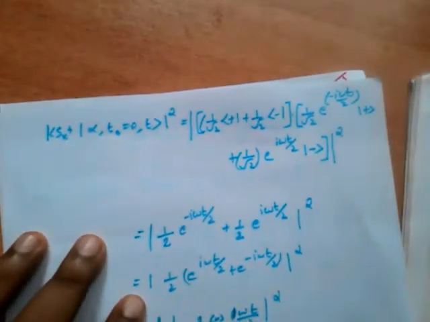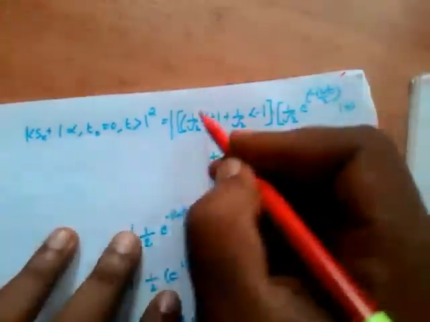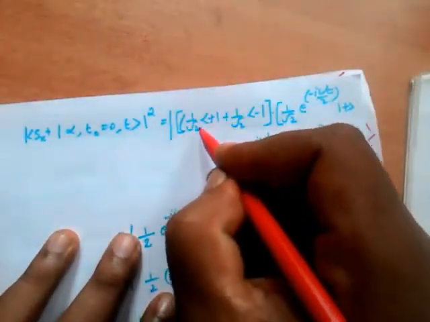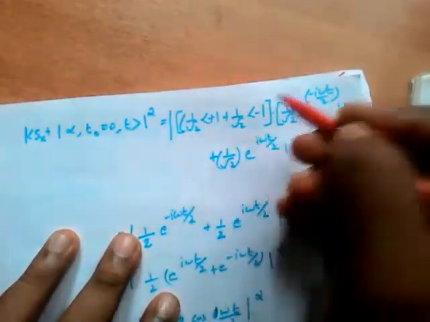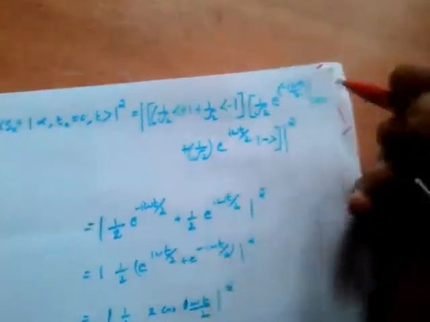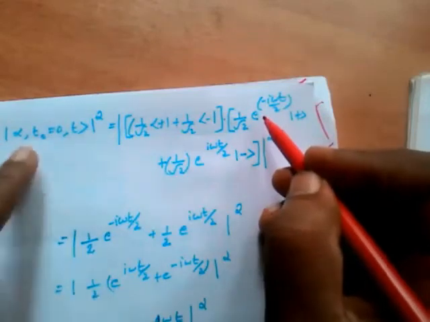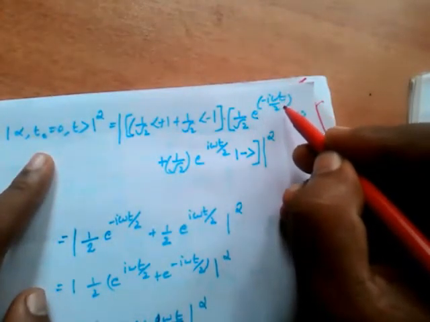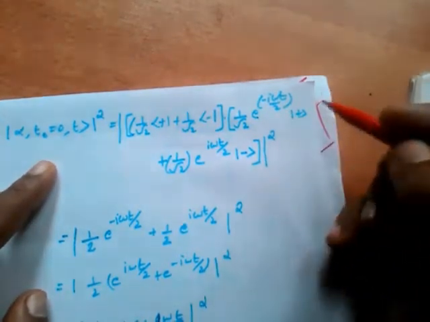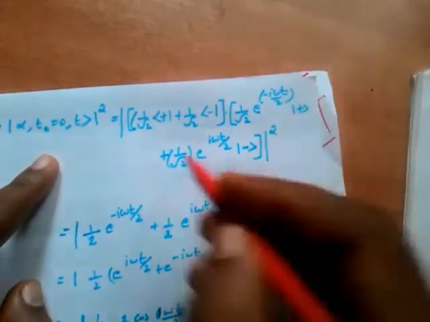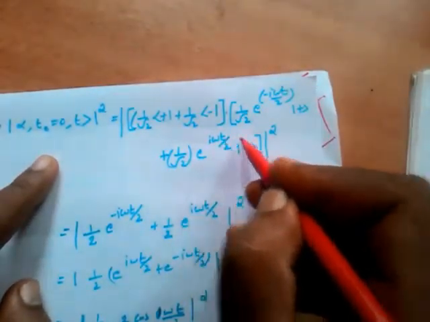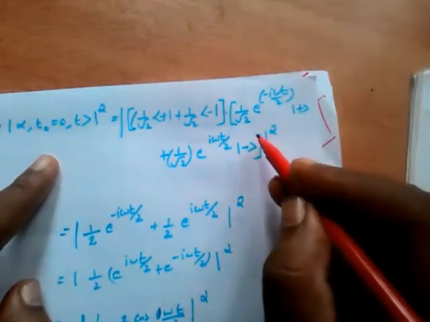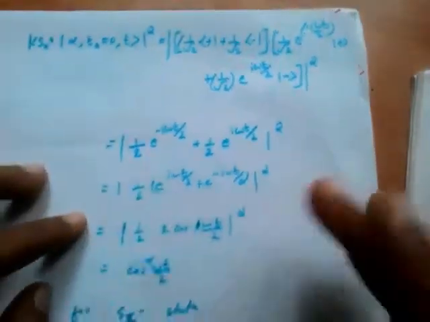That is equal to Sx plus, which is initially 1 by root 2 bra plus, plus 1 by root 2 bra minus, into alpha at later time, which we have expanded as 1 by root 2 e raised to minus i omega t over 2 plus, plus 1 by root 2 e raised to plus i omega t over 2 minus, mod square.